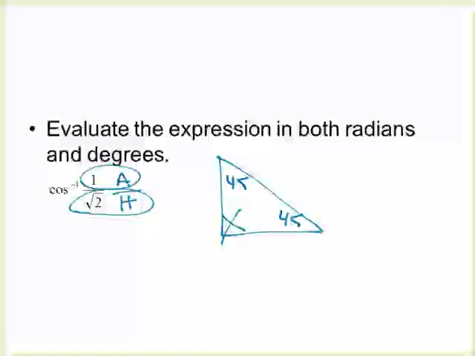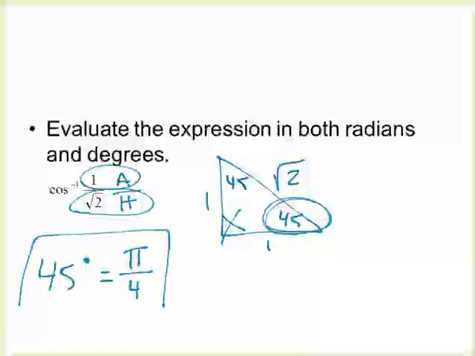So 90 is not allowed to come from a triangle as an answer. So if we can narrow it down to the fact that we're thinking about 45, 45, 90, we only have one possible answer, 45. How many times does 45 go into 180? 4 times. It's half of 90, so it goes into 180 4 times, and that's our denominator then.